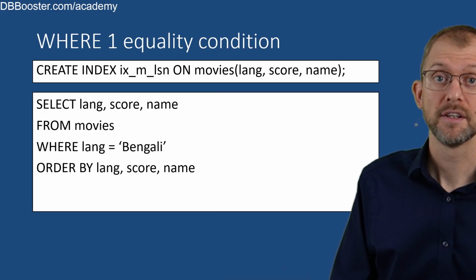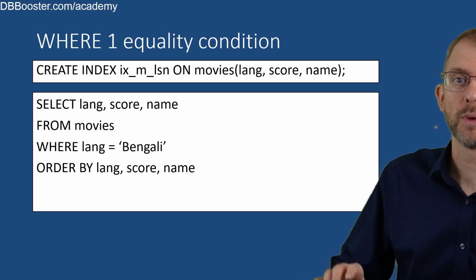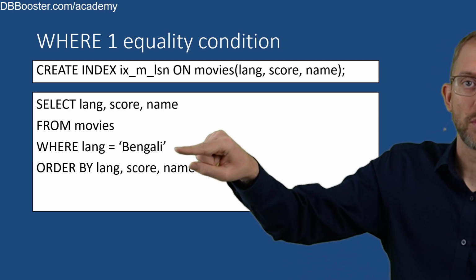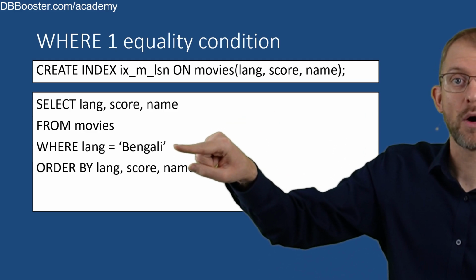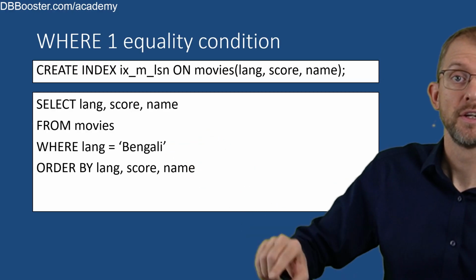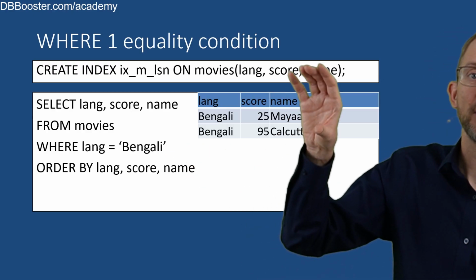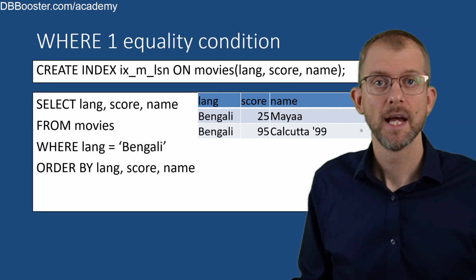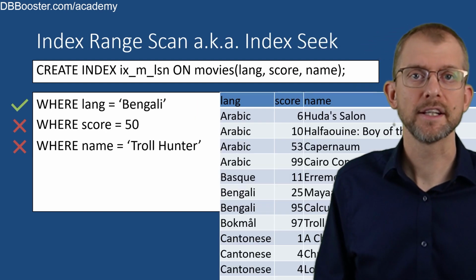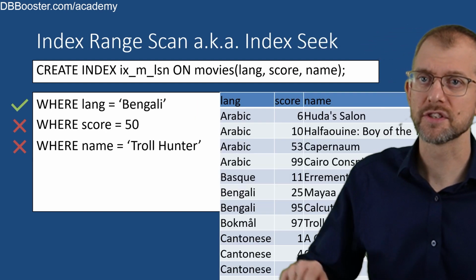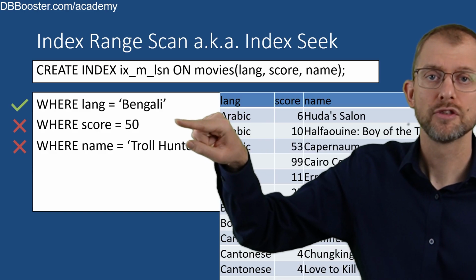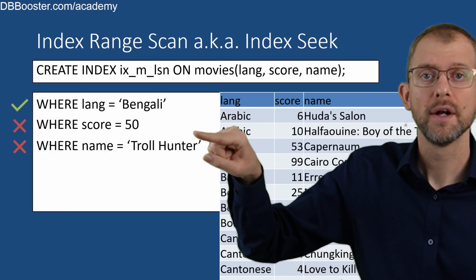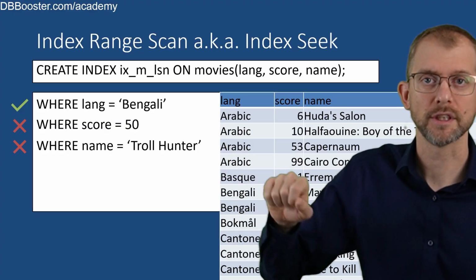In fact, this search is identical to adding the where clause to the query that built our leaf view. This returns exactly the Bengali rows we expect. However, I cannot use an index range scan for conditions like score equals 50 or name equals troll hunter.